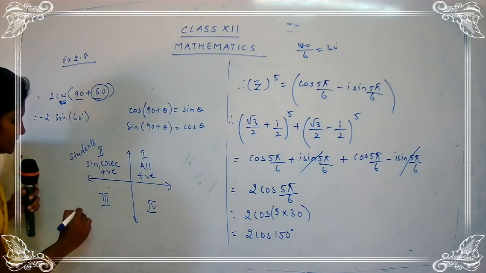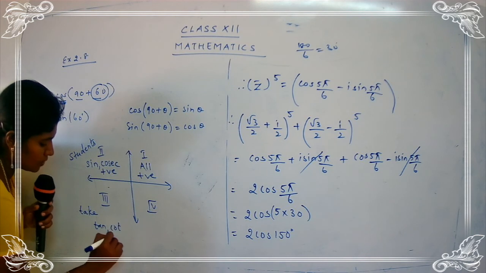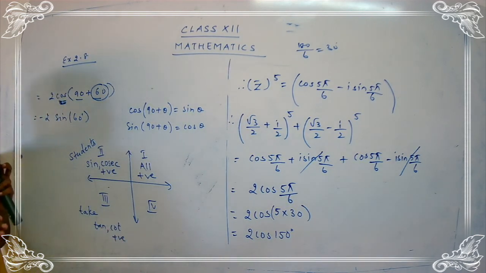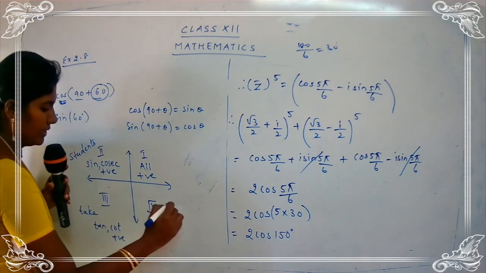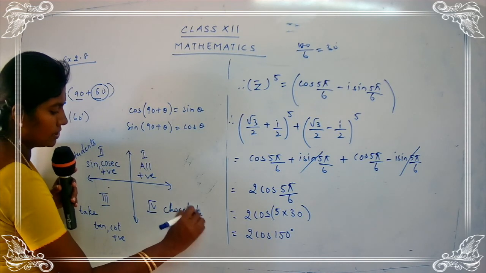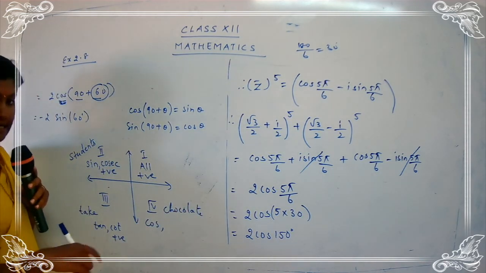The third one is take. That means tan and cot is positive, and the remaining functions are negative, like sine, cos, cosec, sec are negative. All students take chocolate. So this is cos, and the reciprocal of cos is sec.